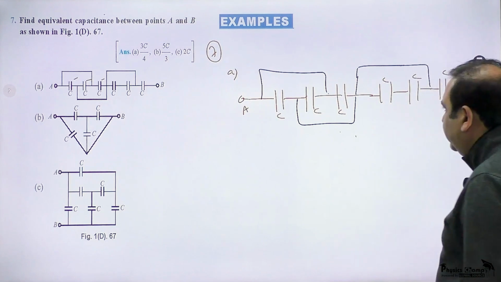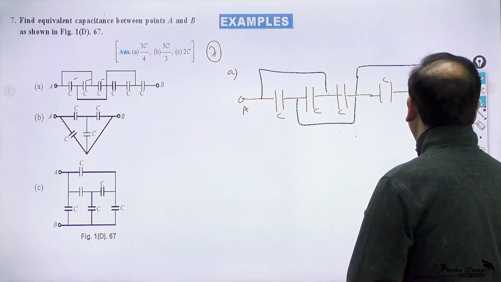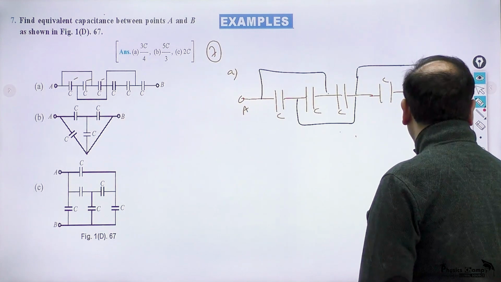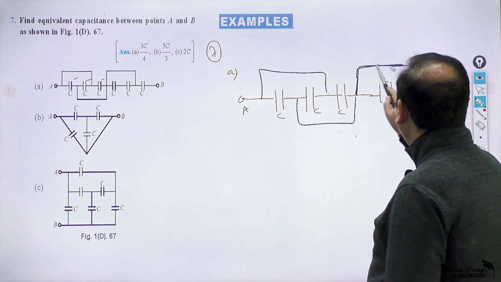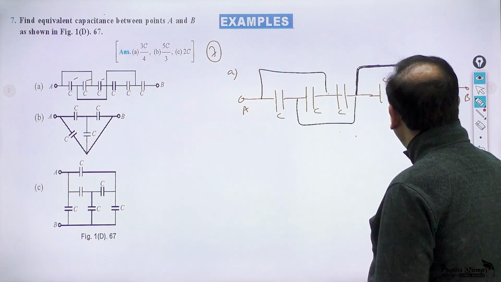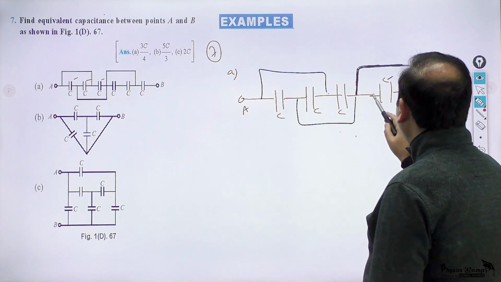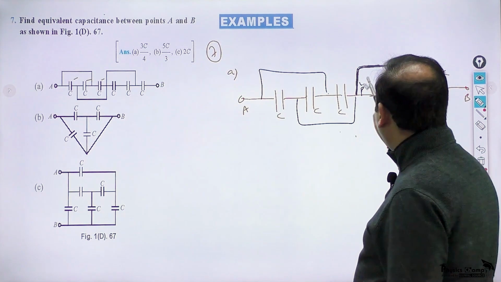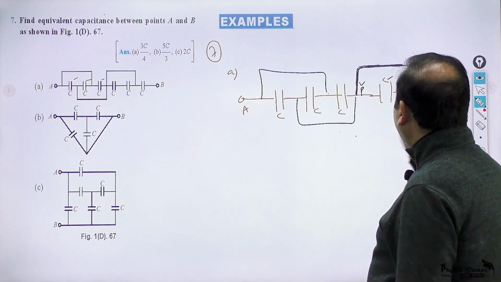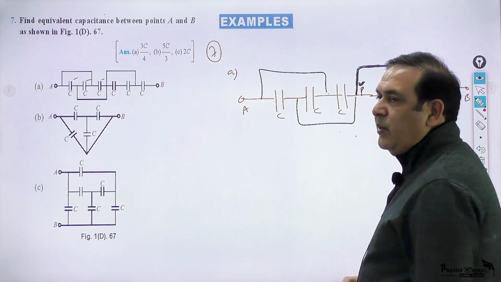Now if I look at this, I can say certainly this wire is short circuiting these two C. So if the potential here is V, here also the potential should be V only, because there is hardly any potential drop, because it is a parallel wire going through that.